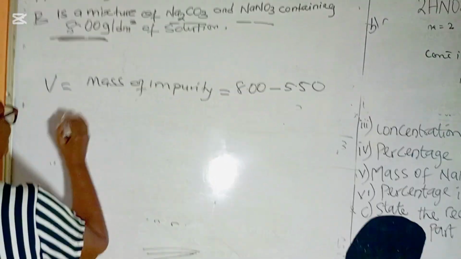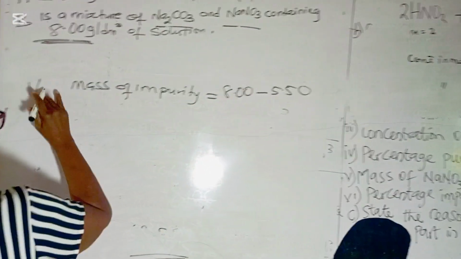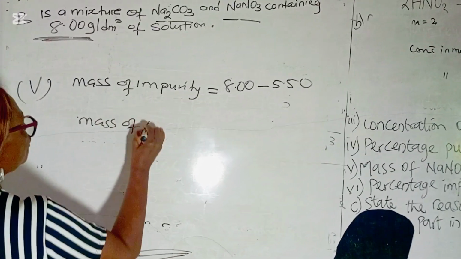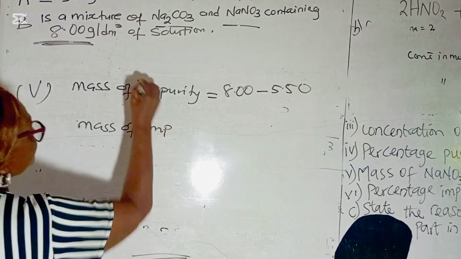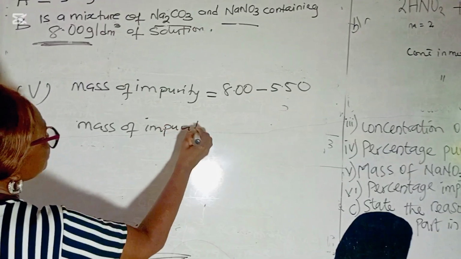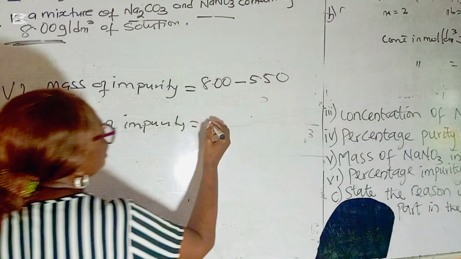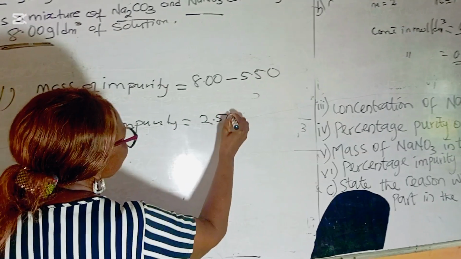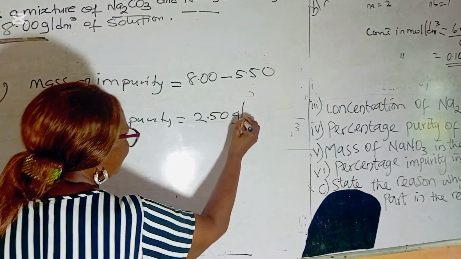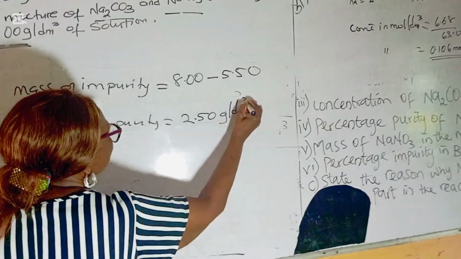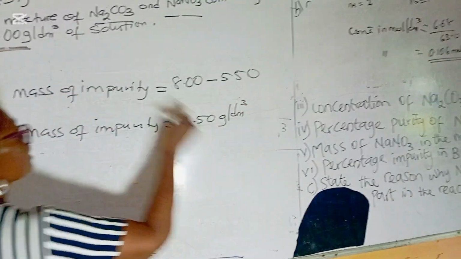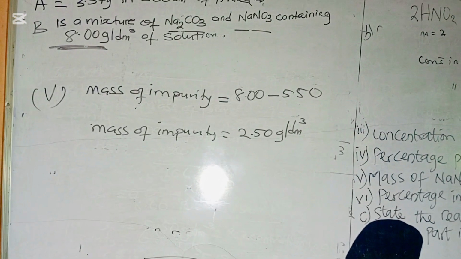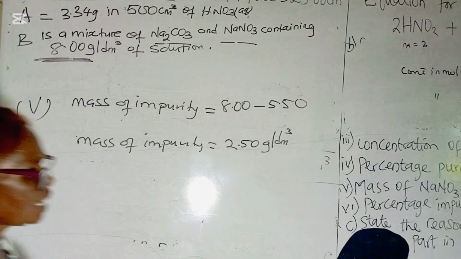So the mass of impurity should be 2.50 grams per dm3. That's the correct unit because it's part of the 1 dm3. So we have gotten that.